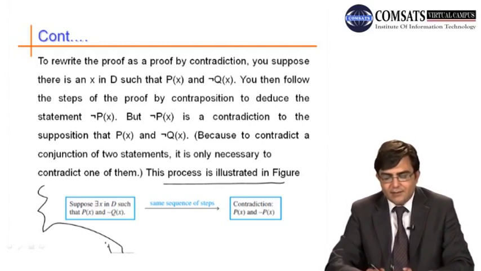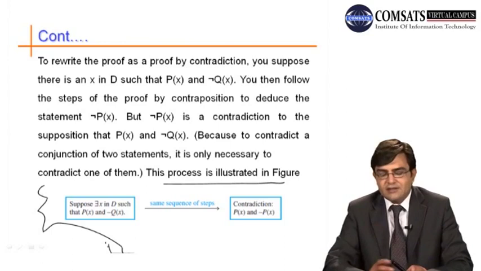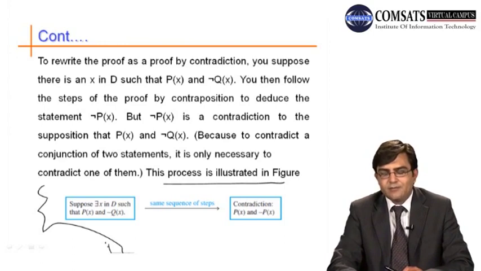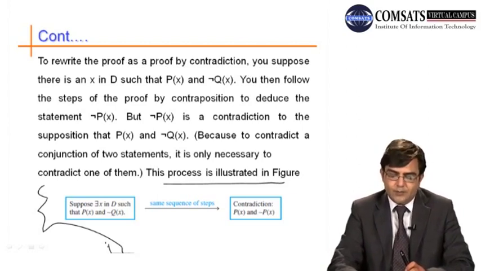But after a sequence of steps, we arrive at some contradiction: after some sequence of steps, we arrive at not p of x is true. At this stage we say that what we supposed led to a contradiction, because we arrive at the contradiction p of x and not p of x. P of x is true by the hypothesis, and after some sequence of steps we arrive at not p of x is true.